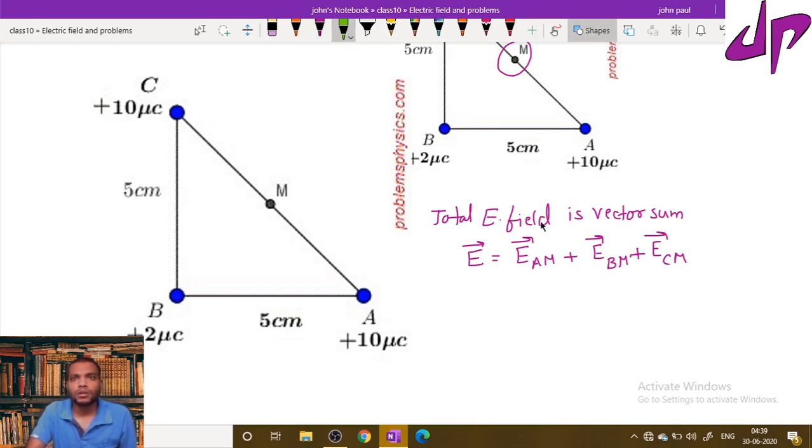Now try to draw the resultant electric field at point M. For that, we need the support of a positive test charge. If you take a positive test charge, the electric field due to charge C is along this direction, and the electric field due to A is along this direction.